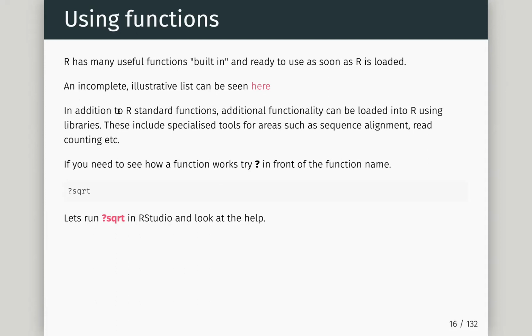In addition to the standard functions we get in base R, we're going to have lots of libraries, like I said, thousands of libraries to do with high throughput sequencing, and these will contain specialist tools, specialist functions that we will use for things like sequence alignment, read counting, and all sorts of things we need for high throughput sequencing analysis. So then, given that we're going to have lots of functions which we need to use, how do we learn how they work?